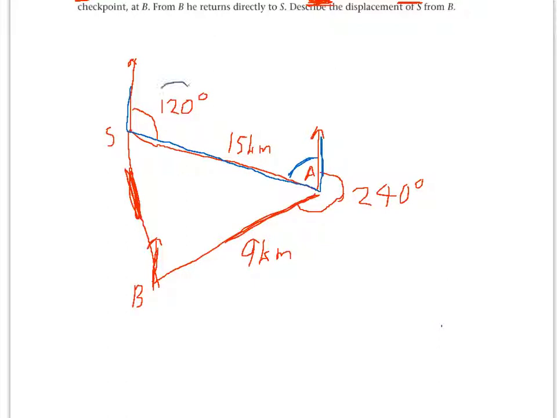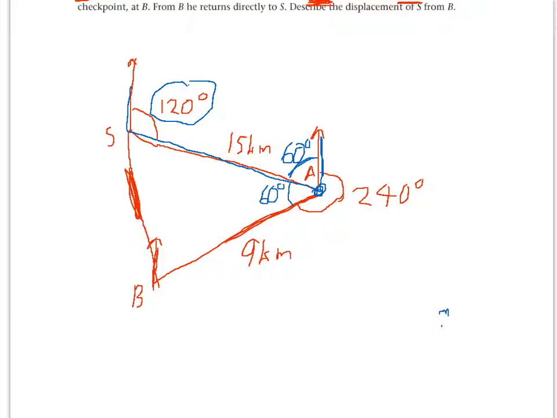So if this one here is 120, this bit must be 60 to make 180. Now, angles around a point add up to 360, so we know two of them, so 60 add 240 is 300, so the last missing bit must be 60 degrees.